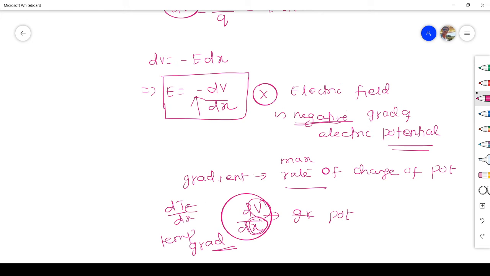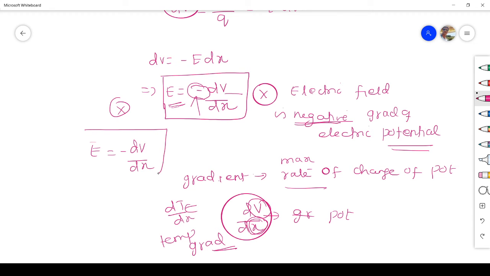So dT by dx will be temperature gradient, and dV by dx, V is a potential, so potential gradient. E, the electric field, is the negative of the gradient of potential, or the potential gradient. Both are the same only. This is a very important relation. E is equal to minus dV by dx.